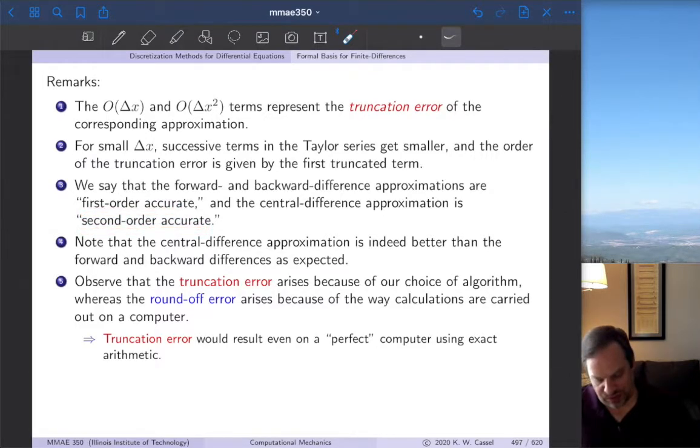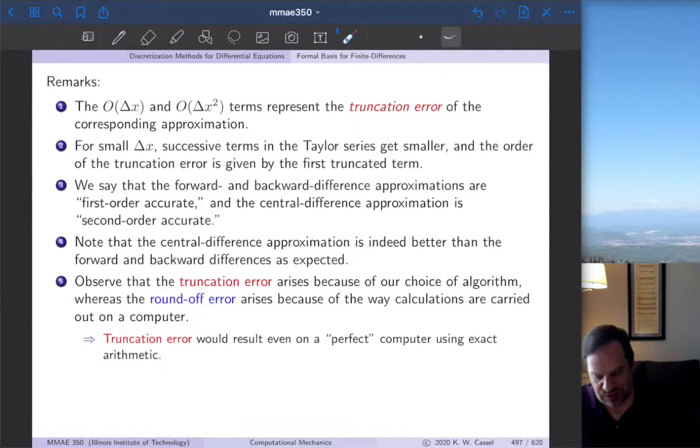And as I just mentioned, it is indeed true that the central difference approximation is fundamentally better, provably better, not just because I happen to choose the correct function and put the points at just the right spot, but it's fundamentally mathematically better than the forward or backward difference.